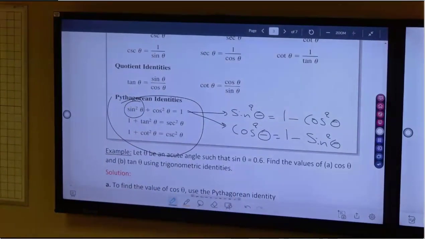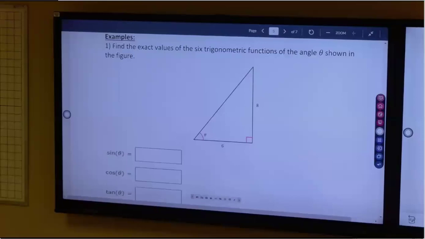Take the next example. Go to example 1, page 5. See the triangle you have? Now, can you find the sine? The sine is opposite over hypotenuse.